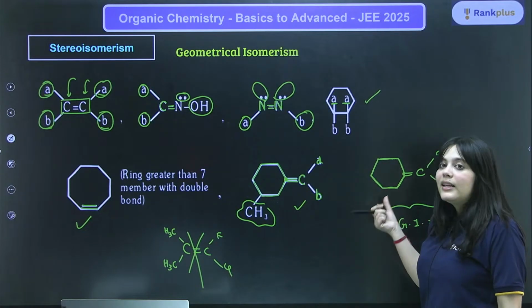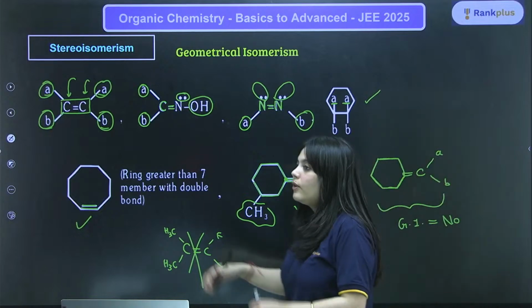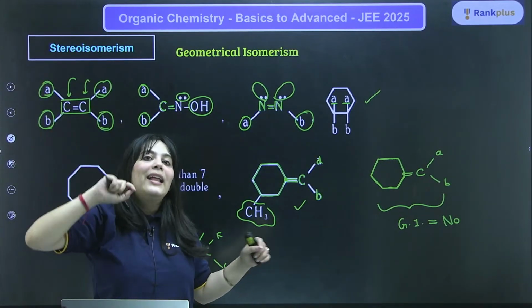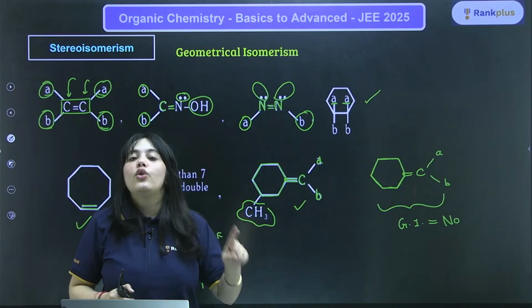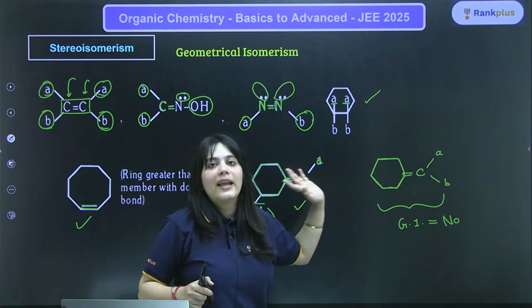And hence this will not show, because if both the bonds are attached to similar atoms and there is no point of differentiation, then it will not show geometrical isomerism, because there has to be something to compare it against, right?